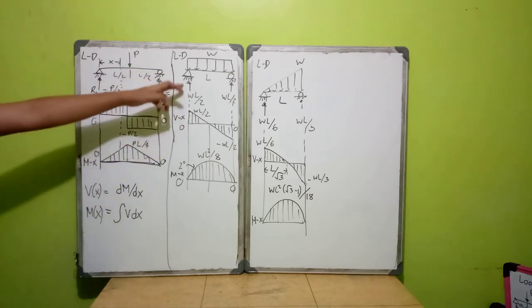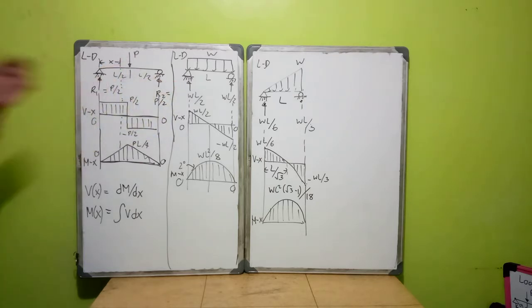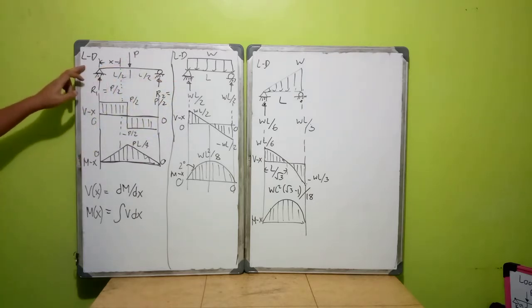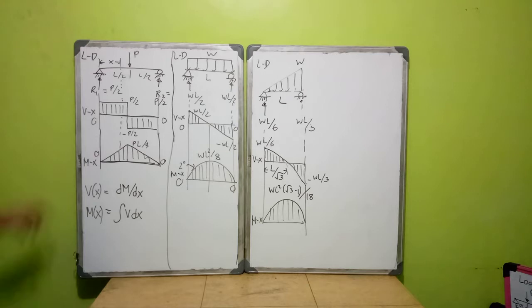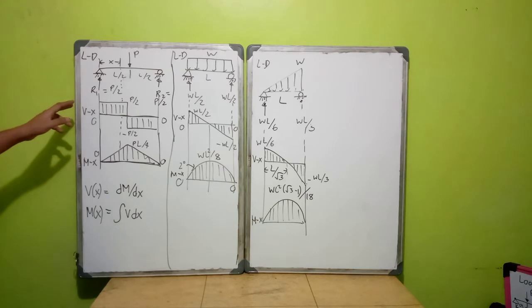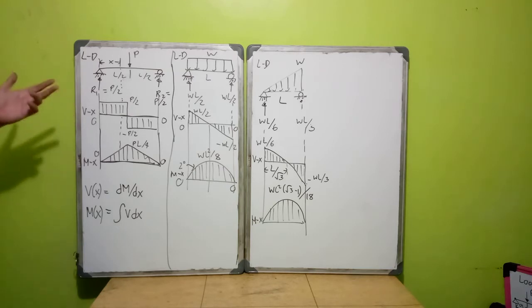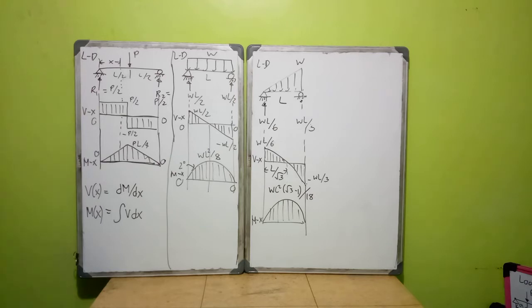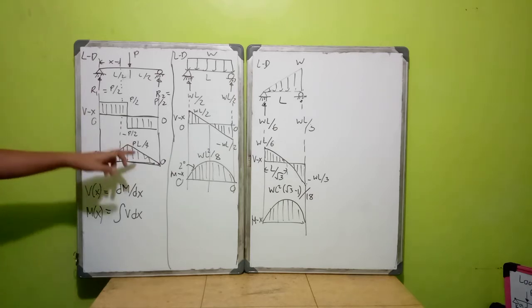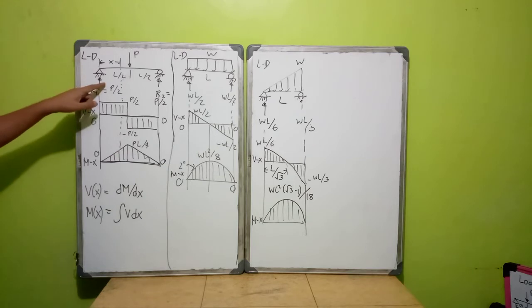This is true whatever type of loading your beam or simple span is experiencing. In this series of videos and examples, we will be talking basically about simple span beams, overhang beams, and cantilever beams. Here are the shear and moment diagrams of simple spans depending on your loadings.